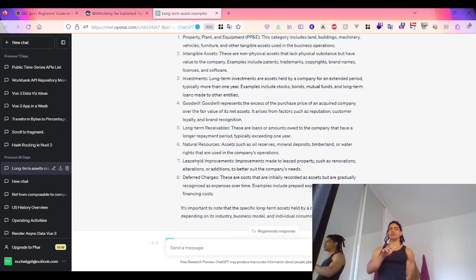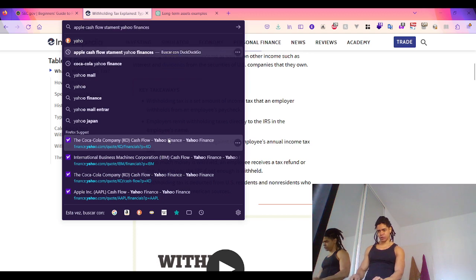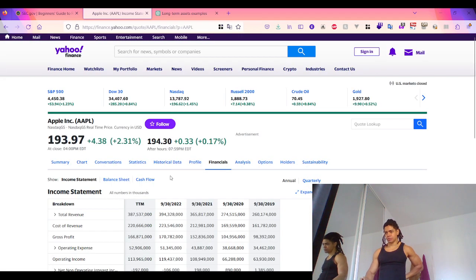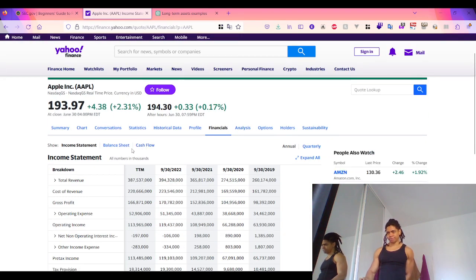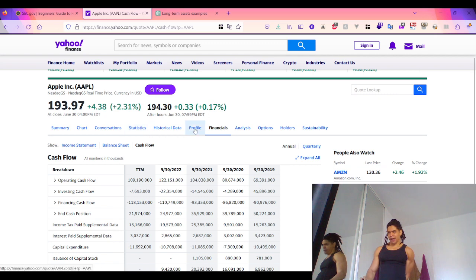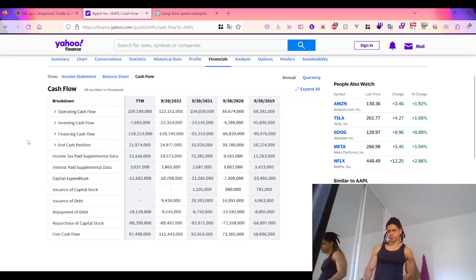And then I look at the third part of the cash flow statement. For example, if I look at Yahoo, and we analyze Apple for that, like here, the cash flow statement, like this, right?